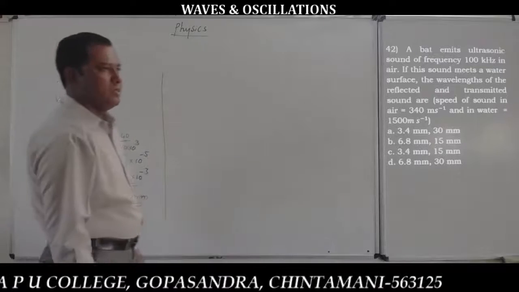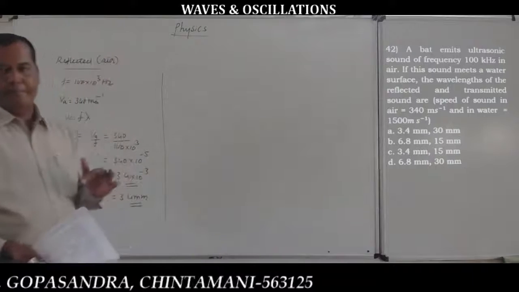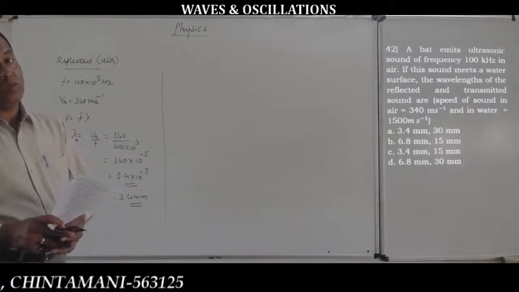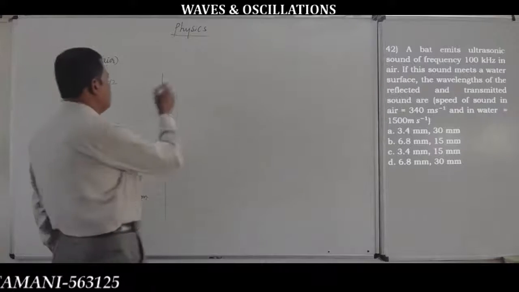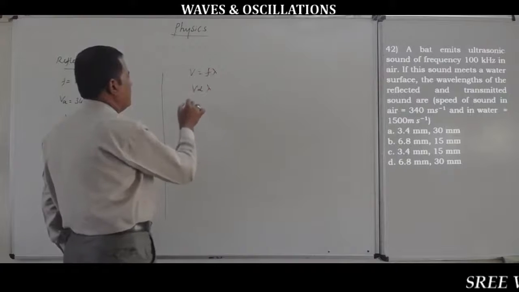Now transmitted. When a wave travels from one medium to another medium, wavelength and velocity change, but frequency remains constant. By using the equation V is equal to F lambda, you can consider V is proportional to lambda.